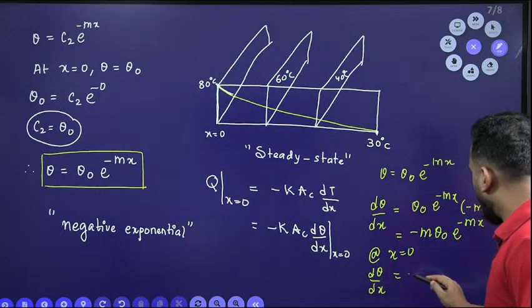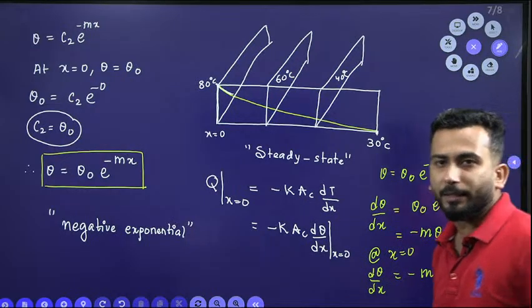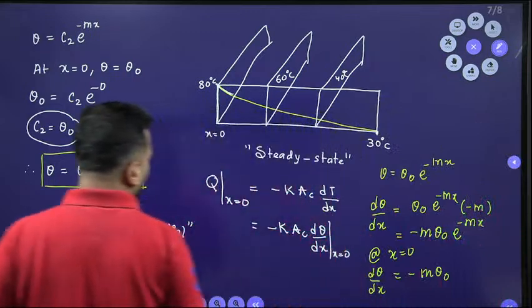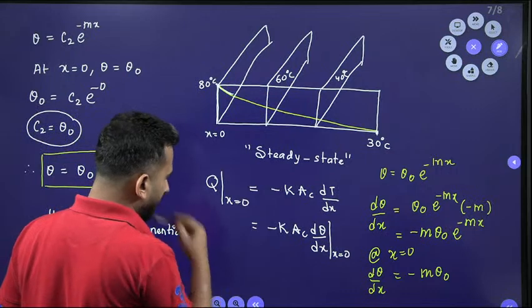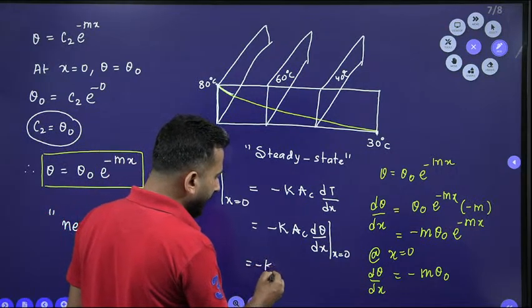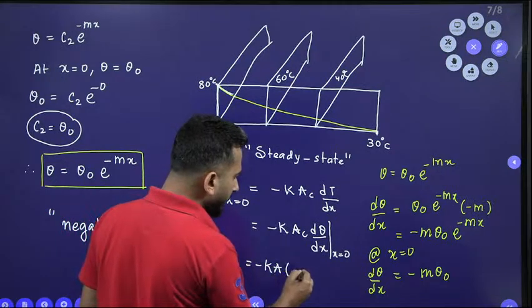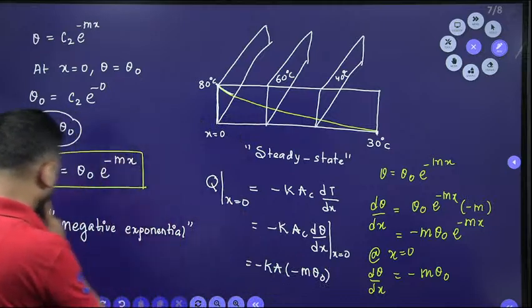So you are left with minus m theta naught. So if I write it over here, it will be minus k AC into minus m theta naught. So let us take it to the next page.